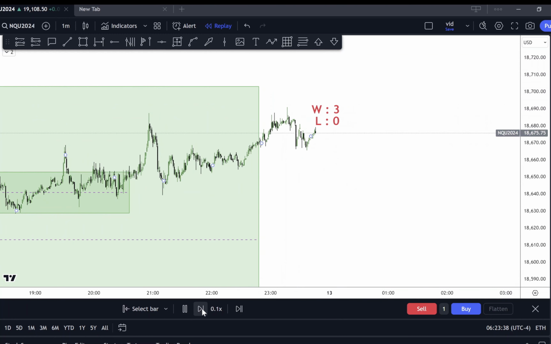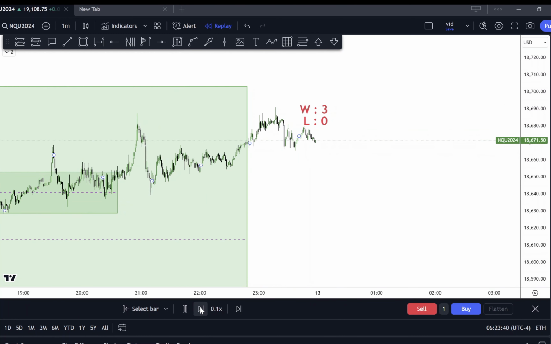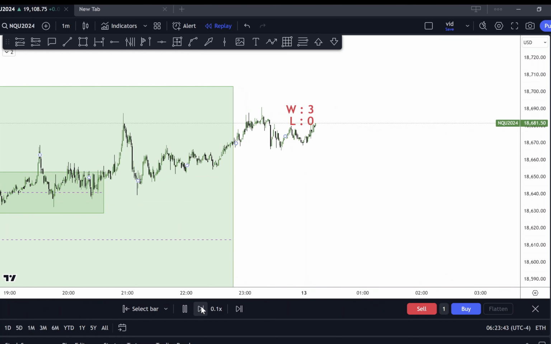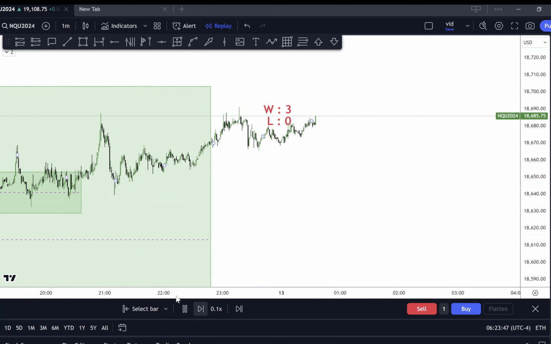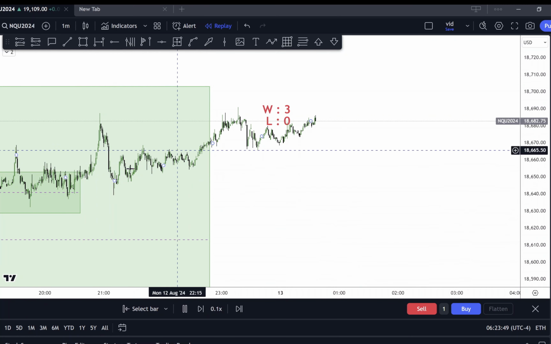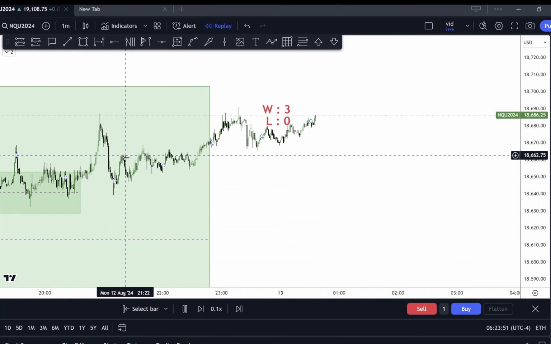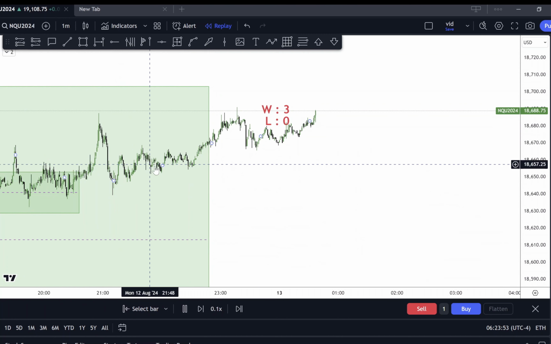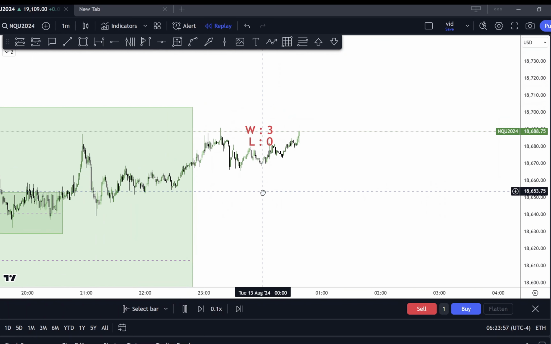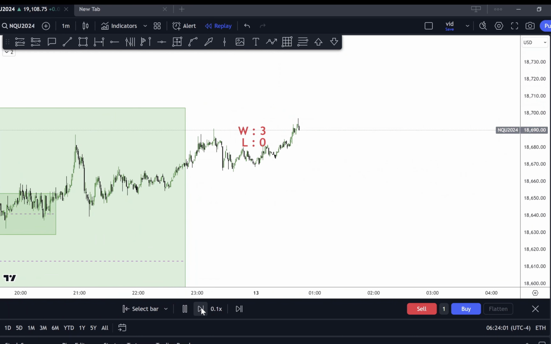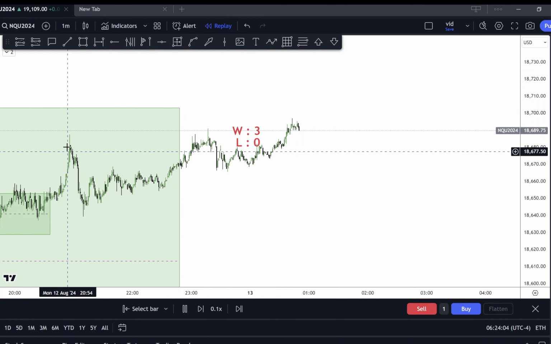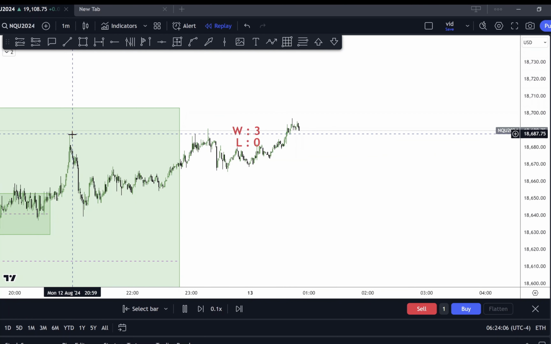Okay, so nothing for now. This is internal structure, by the way. You can also risk trades from here. As you can see, there is a one-to-one also here. But I don't really advise you guys to take lots of trades like that.